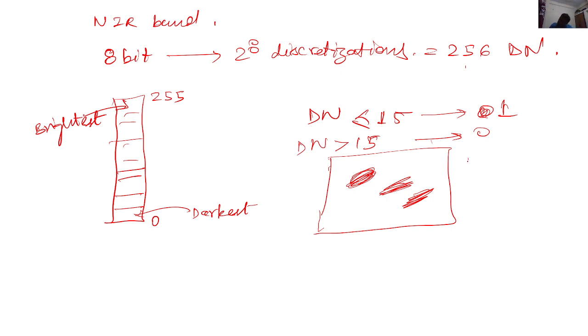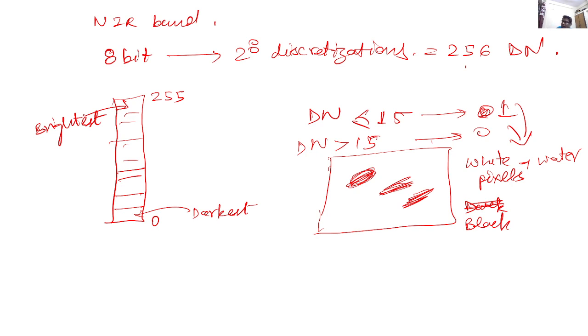So white pixels in this case would be water, and the black pixels are not, because we are effectively converting an 8-bit image to a 1-bit image, where there are only two discretizations of color, that is fully white and fully black.